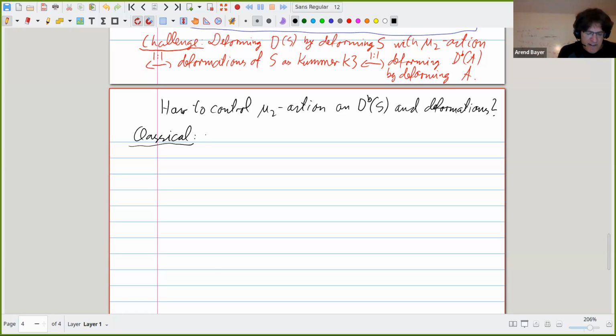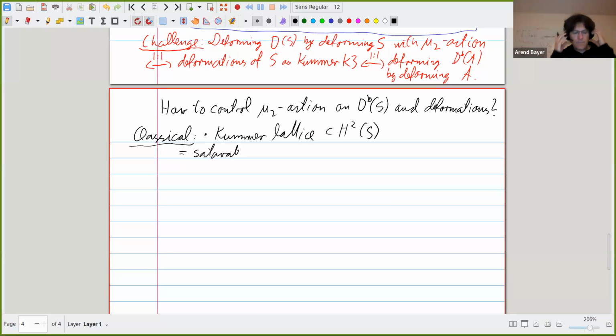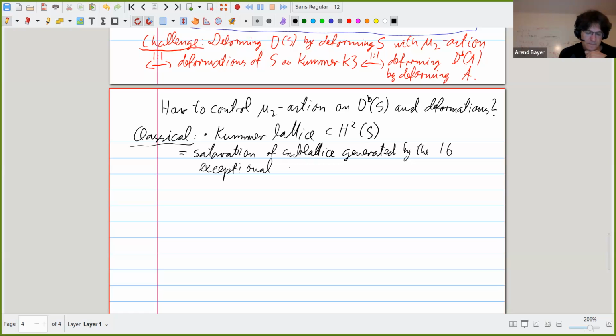To every such Kummer K3, there's something called the Kummer lattice inside the H^2 of S. That's defined to be the saturation of the sublattice generated by the 16 exceptional divisors.